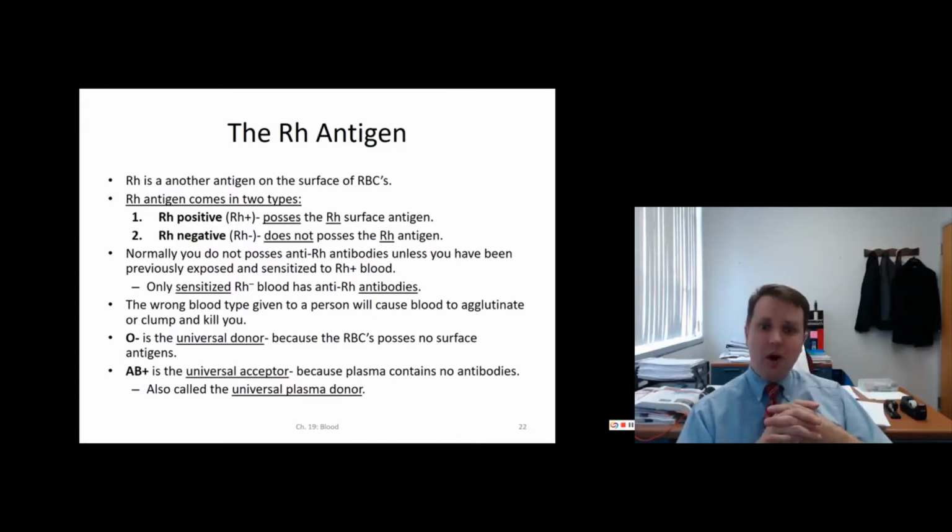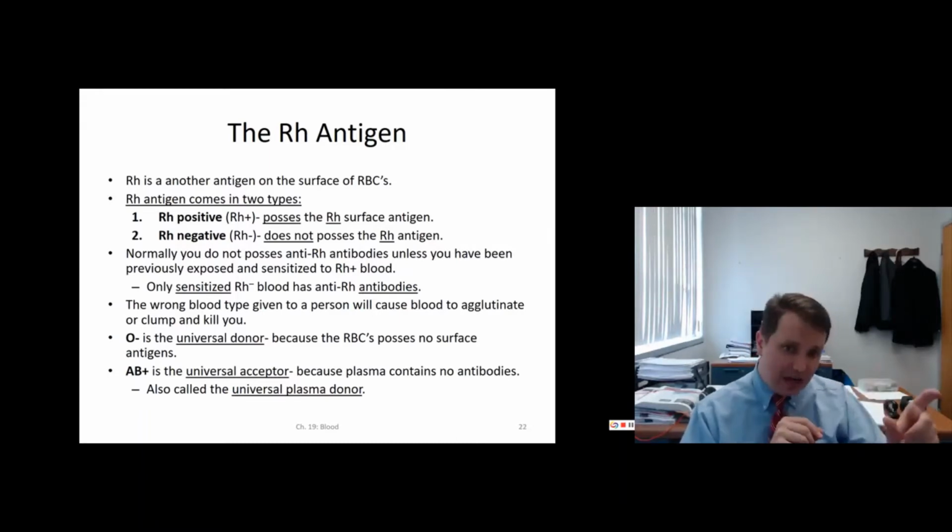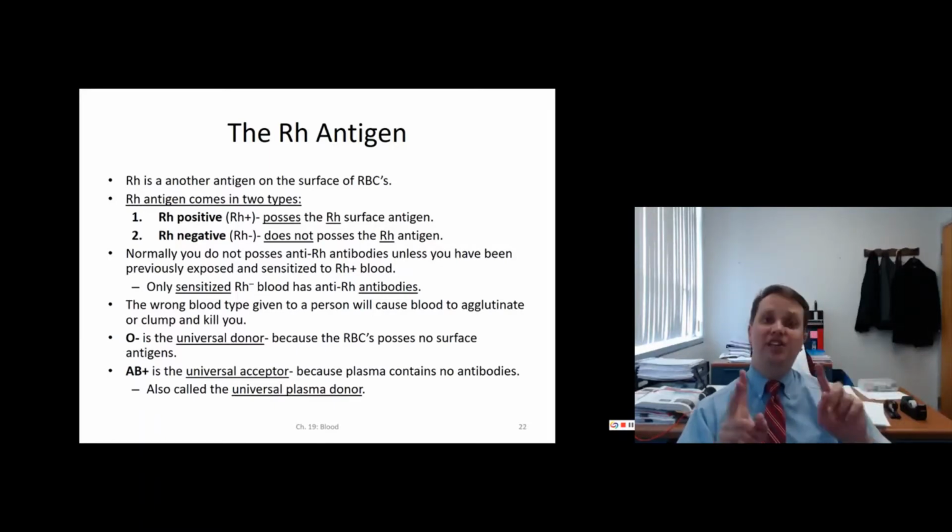So if you are Rh negative and you get exposed to Rh positive blood, then you will make anti-Rh antibodies. So only a person who's Rh negative, who has been exposed to Rh positive blood previously, can make anti-Rh antibodies, or we say they have been sensitized.